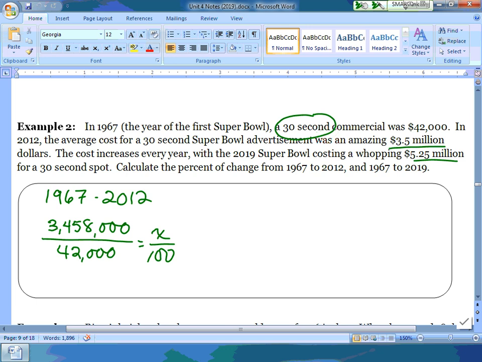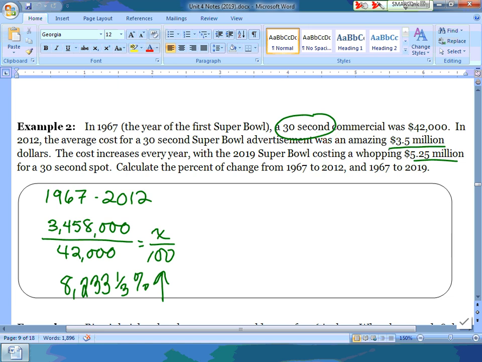Okay, checking it out, you'll see that it was an amazing, and this is not a typo, 8,233.3 repeating, I'll write it as 1/3%. Clearly that's an increase. So 8,233.3% increase from 1967 to 2012.